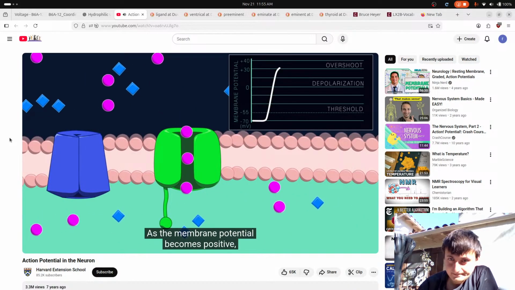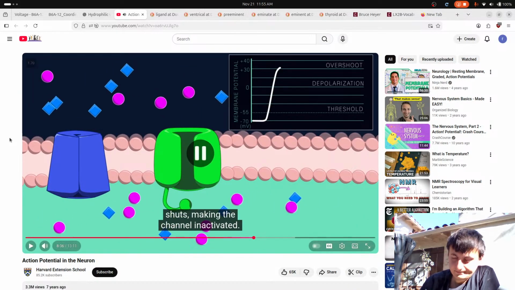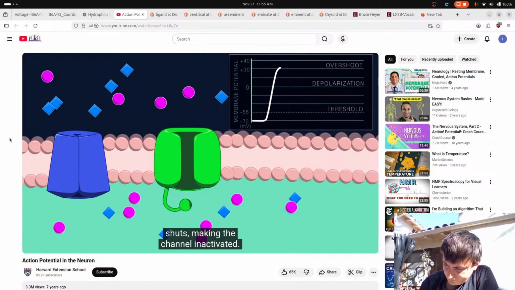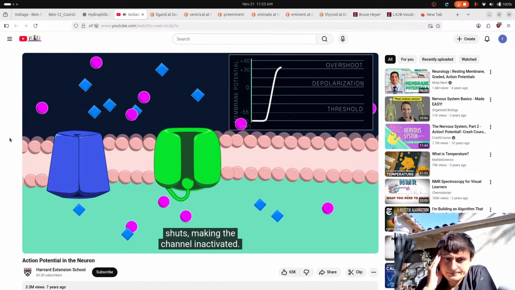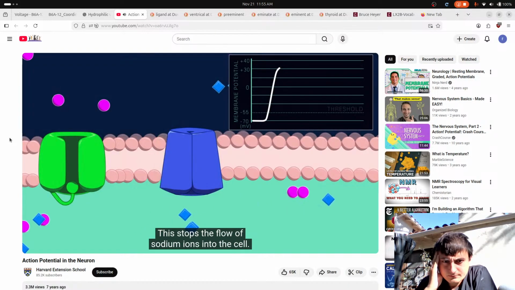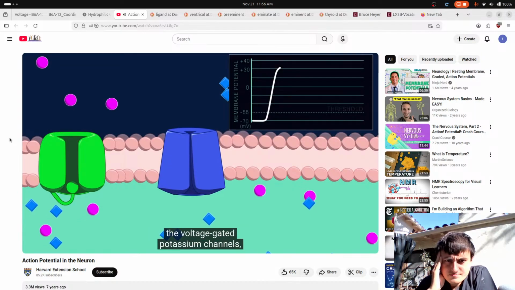As the membrane potential becomes positive, the sodium channel inactivation gate shuts, making the channel inactivated. This stops the flow of sodium ions into the cell. The change in membrane potential also opens the voltage-gated potassium channels.